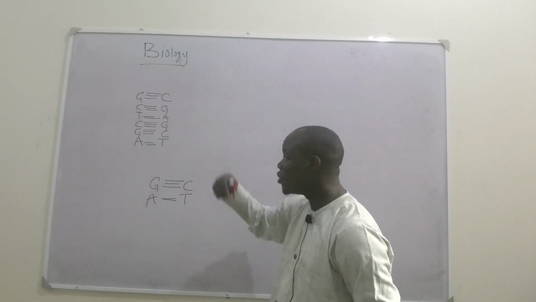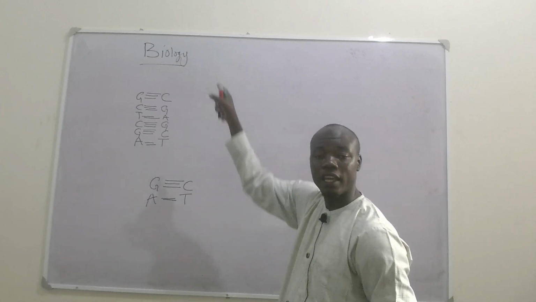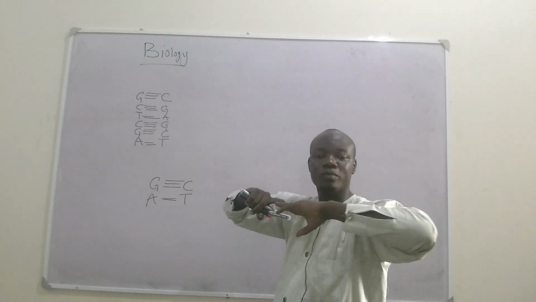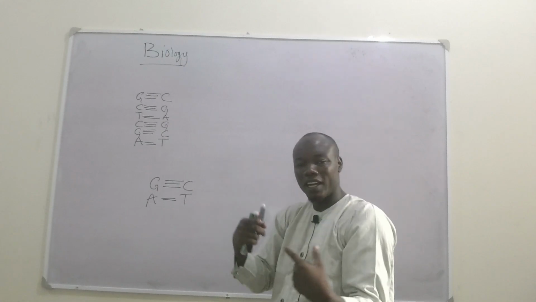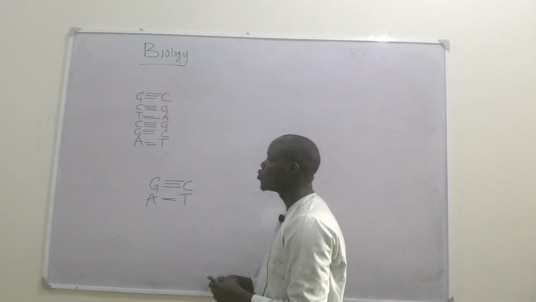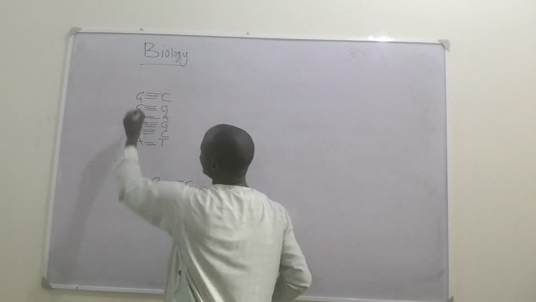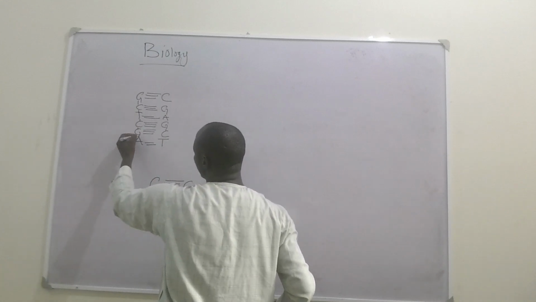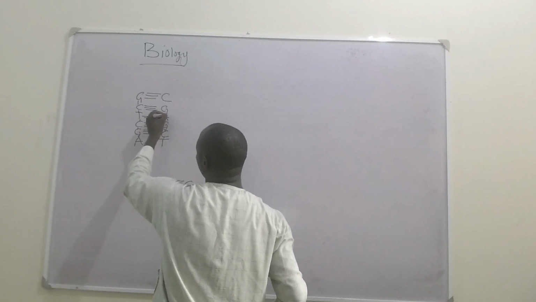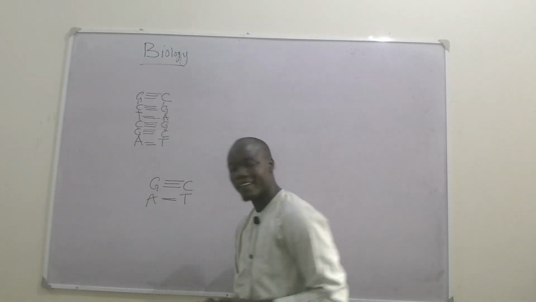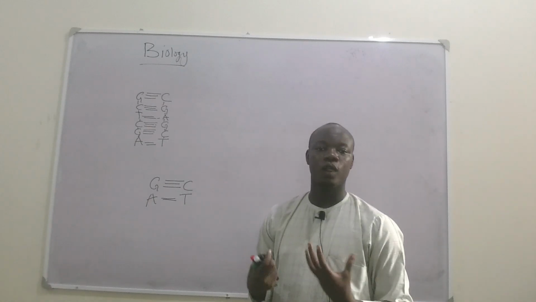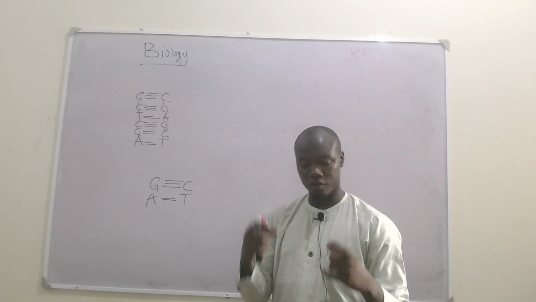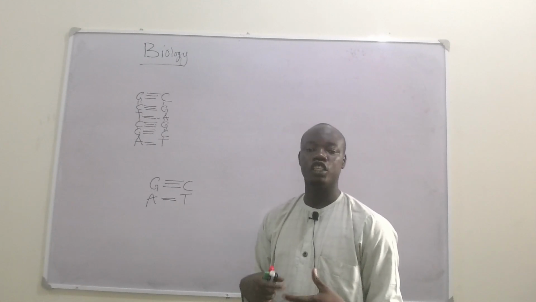One nucleotide pairs with another nucleotide through a hydrogen bond, and then a nitrogenous base is linked with another nitrogenous base through what we call a phosphodiester bond, as I mentioned earlier. So this is how the DNA is. It is double-stranded, and it is helical in shape.